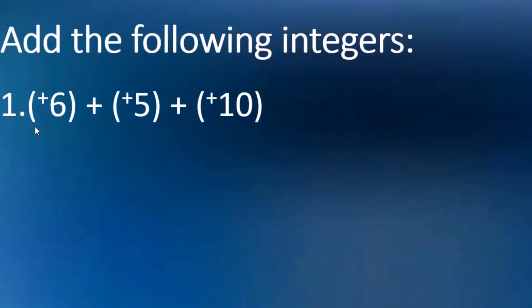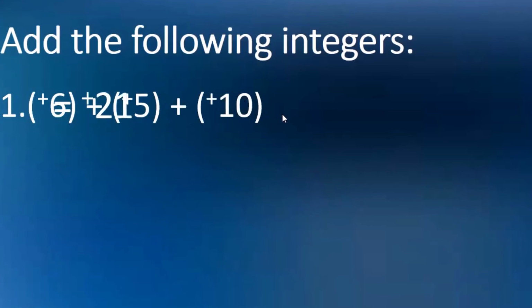Apply the rules. So observe, positive 6 plus positive 5 plus positive 10 are all positive numbers. So add all the numbers and copy the common sign of plus. So 6 plus 5 plus 10 is equal to positive 21. Even without the plus sign, it is understood that it is a positive number.